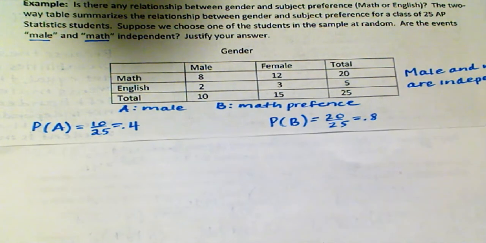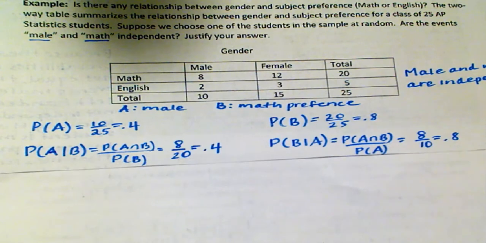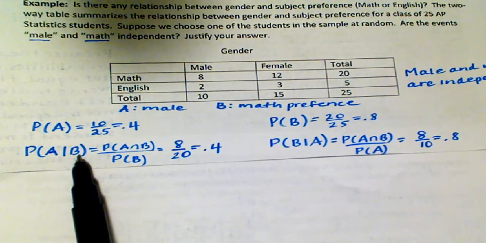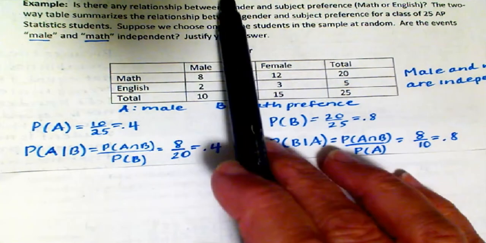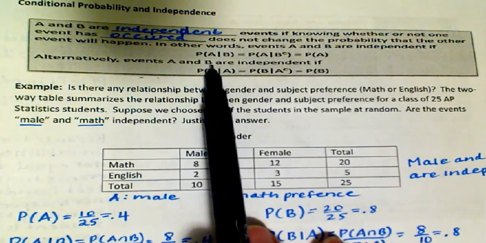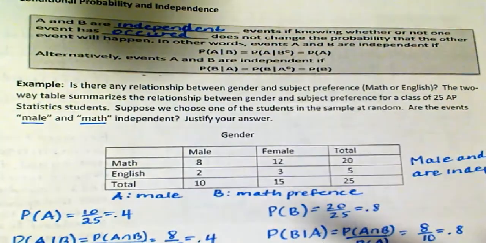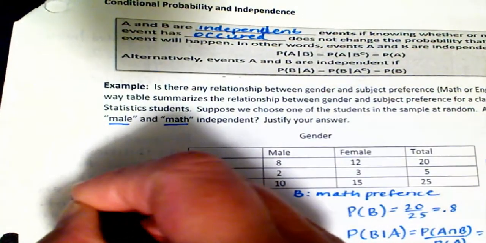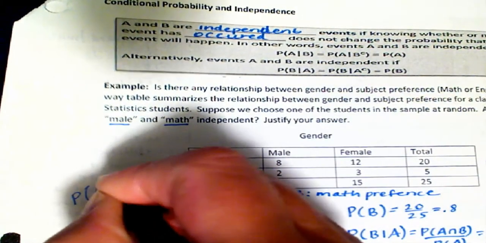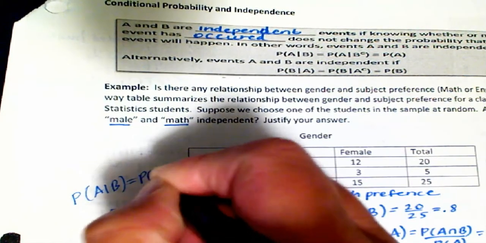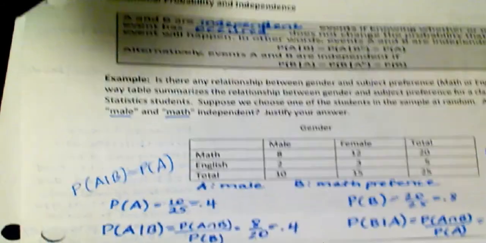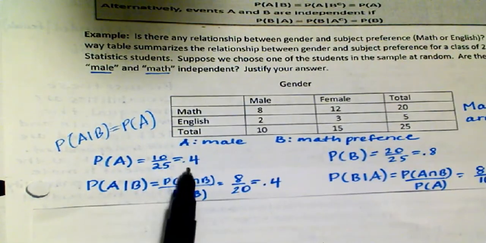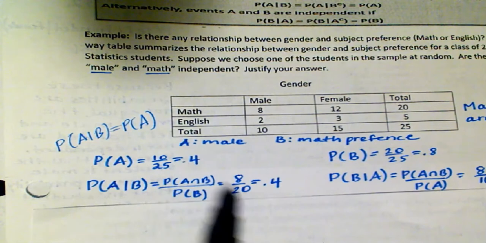Then I went and found the probability of A given B. Given that they like math, they're male. So this is one of the ways, if you look up here at the table, you can find probability. What I was doing here is showing A given B is equal to the probability of A. Okay? If you show that, you have independence. So we do come out that they are equal.